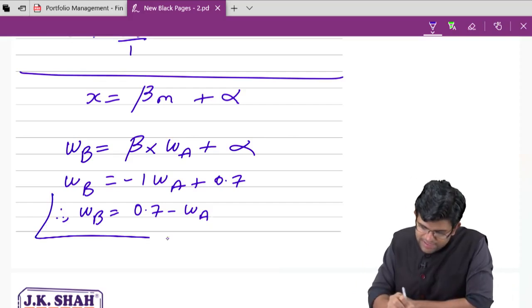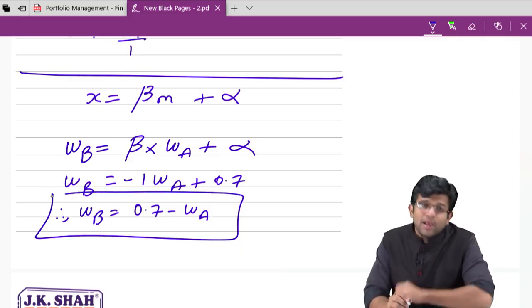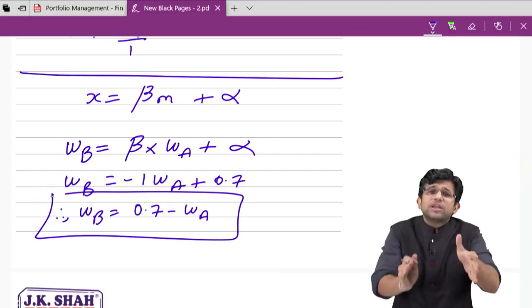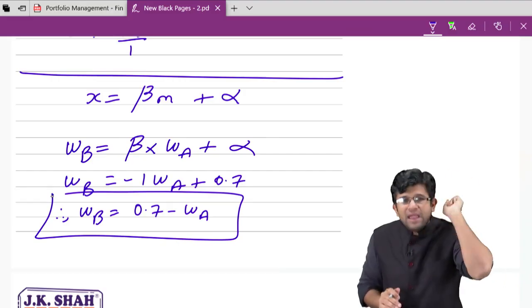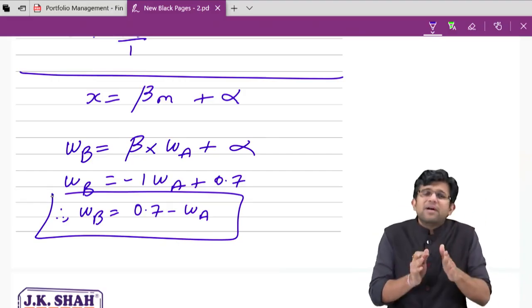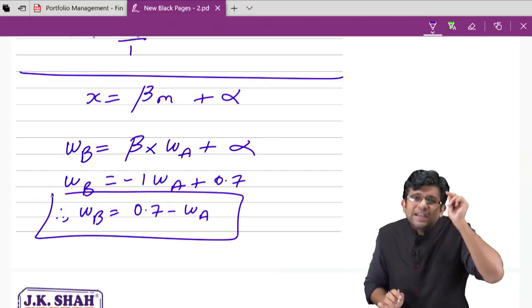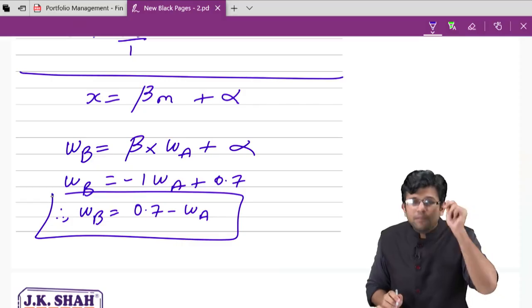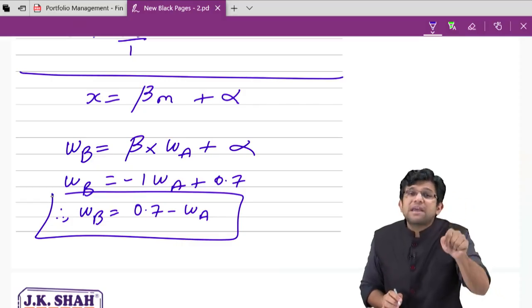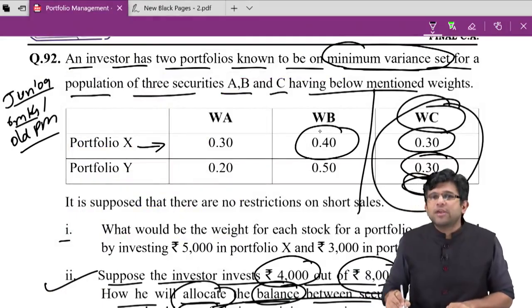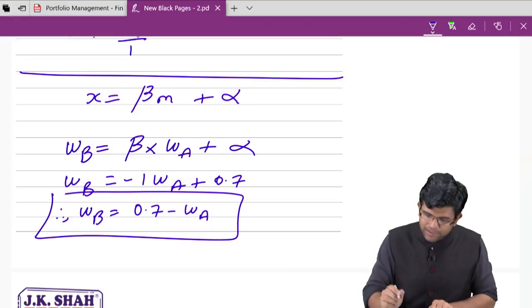Now students, this is the new linear equation that we calculated that shows the relationship between WA and WB, that whenever WA and WB fluctuate on the minimum variance portfolio, they tend to have this relationship that WB is equal to 0.7 minus WA. Students, if you check here, WB is 0.4.